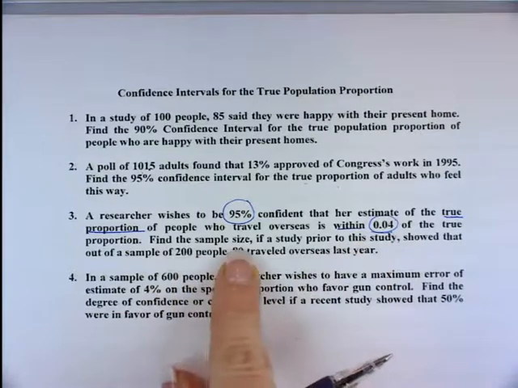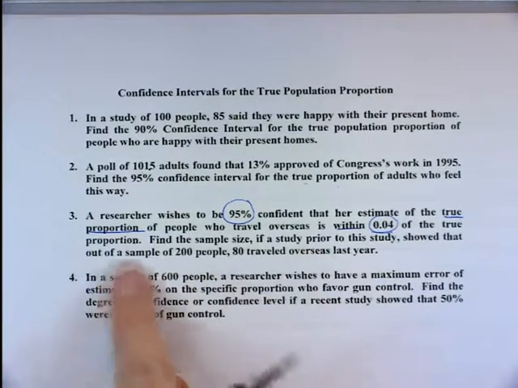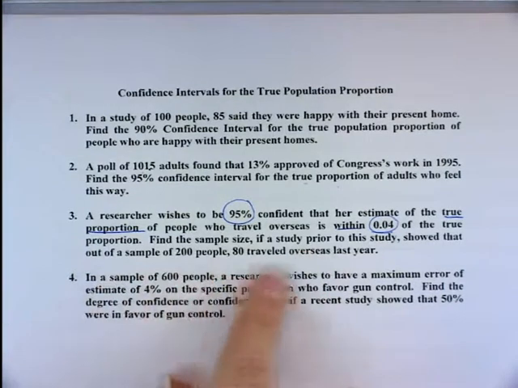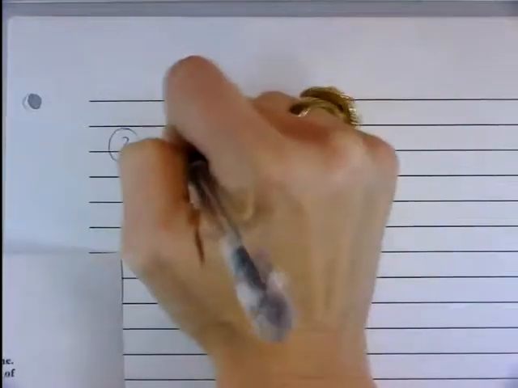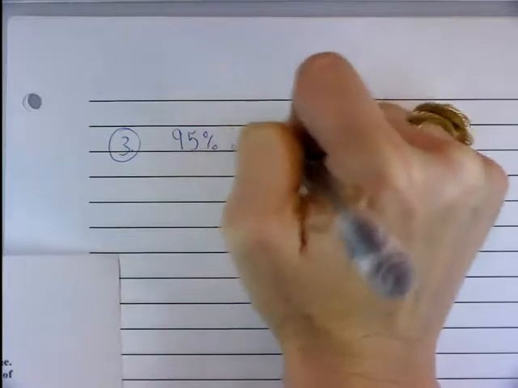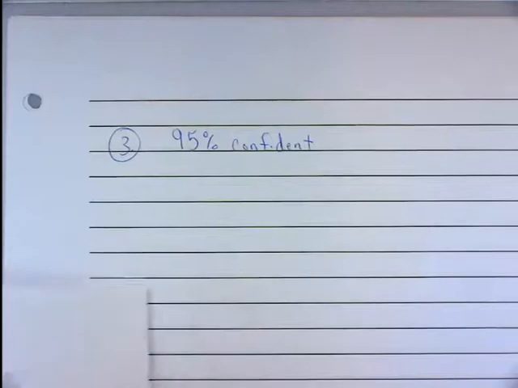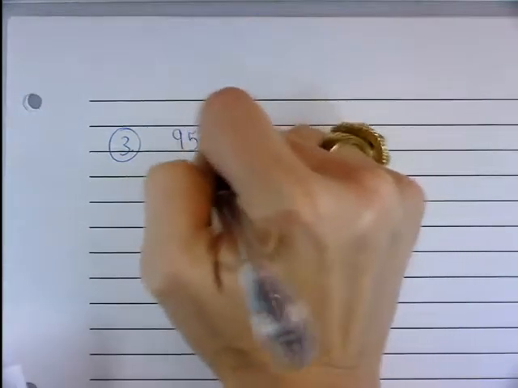Find the sample size n if in a past study, a previous study, a recent study, it showed that out of a sample of 200 people, 80 traveled overseas. So information-wise, what is given in this problem is the researcher wants to be 95% confident, so that's our degree of confidence, that the estimate of true proportion of people who travel overseas is within 4%.